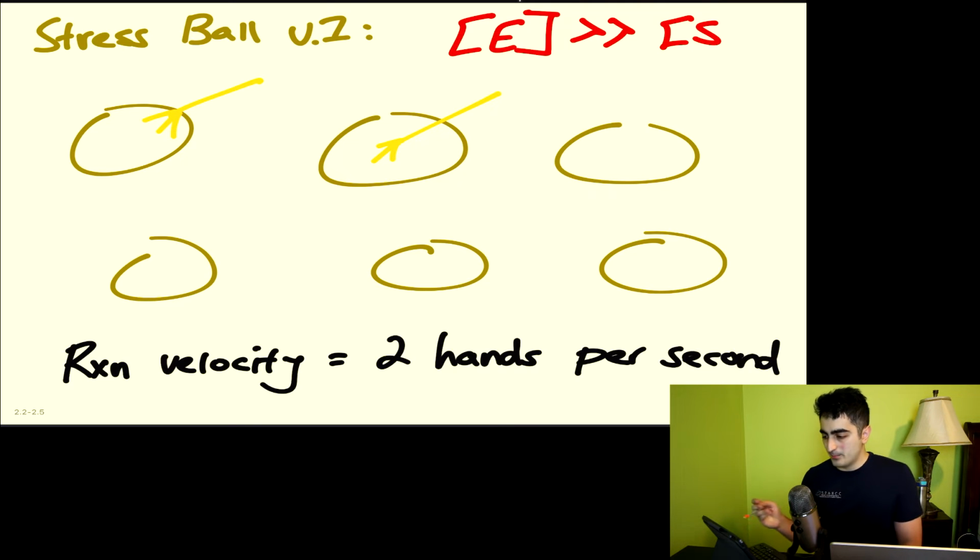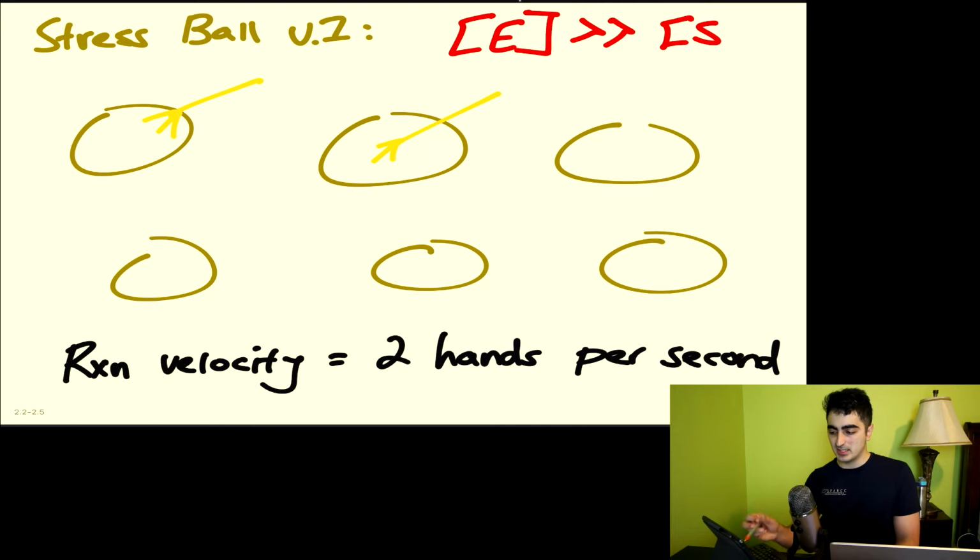So, for example, let's go back to the stress ball example, where we have a stressed MCAT student's hand. And we got the stress ball, and we got the hand. So here we have the hand and the stress ball. And we have 2 hands right now. Right? So these enzymes right here can only de-stress 2 MCAT students' hands per second.